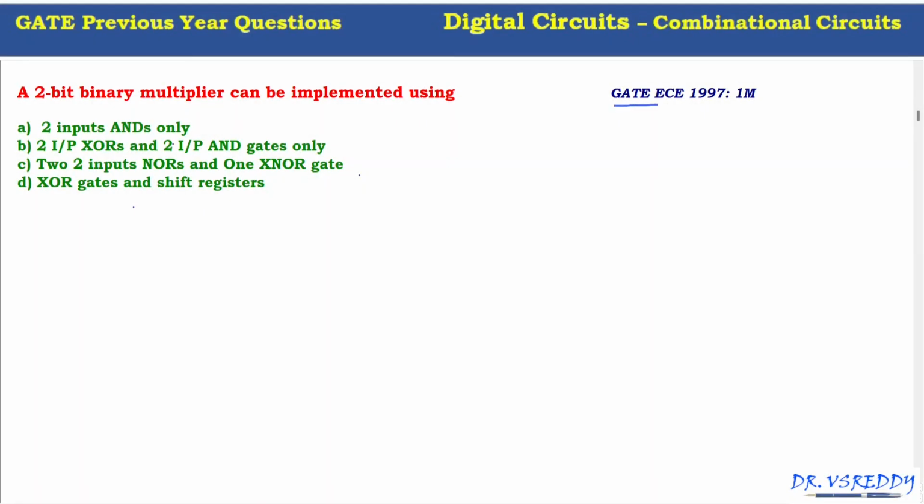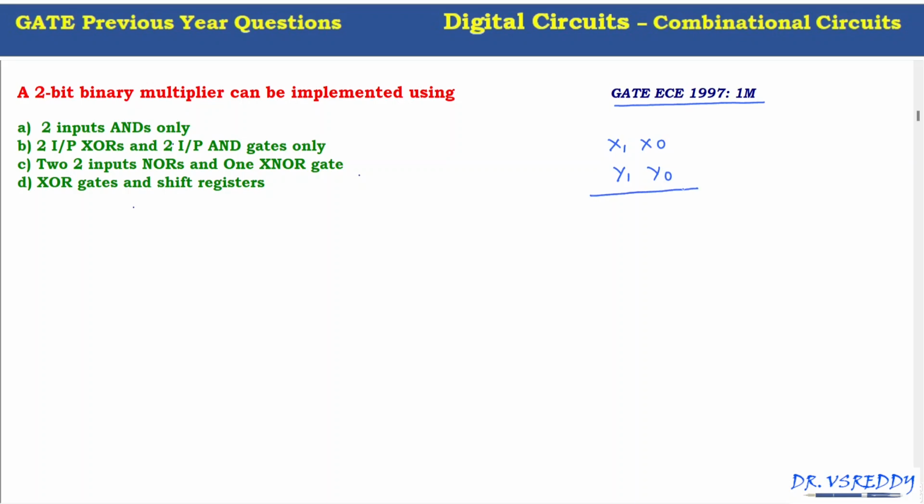This question was asked in GATE ECE 1997, a 1 mark question. A 2-bit binary multiplier can be implemented using? Now I consider two 2-bit binary numbers: one is x1 x0, another number is y1 y0.